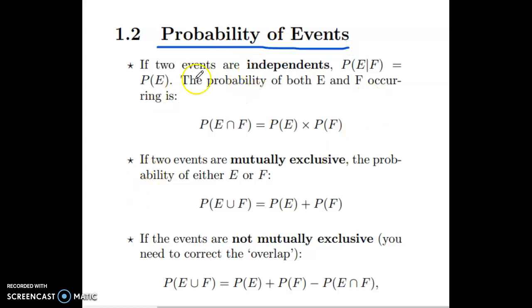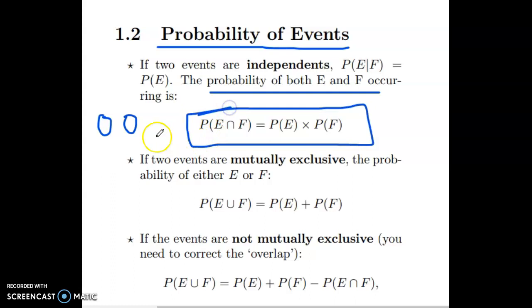If the two events are independent, the probability of E given F is equal to P of E, the probability of E. The probability of both E and F occurring, for example this one E, this one F, so we are multiplying here.